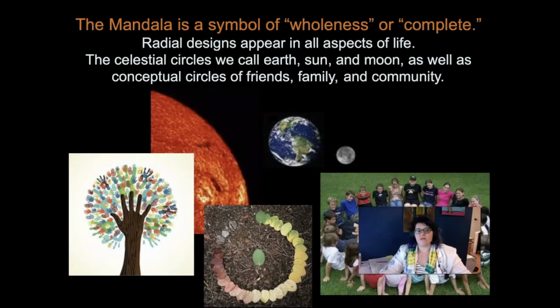We also have abstract concepts like the circle of friendship, the cycle of seasons when we go from fall to winter to spring to summer, and family or community support systems. All of those could be a symbol of wholeness and completeness, and mandalas are connected to those concepts.